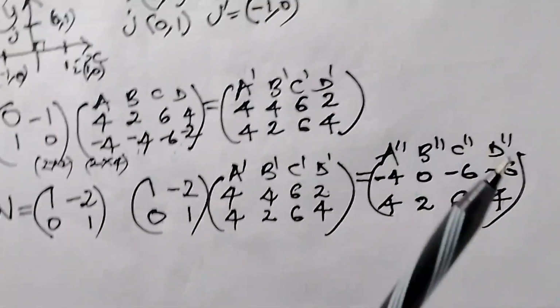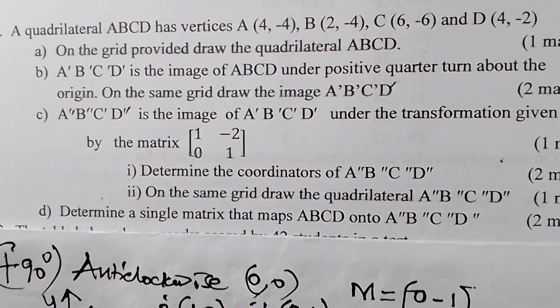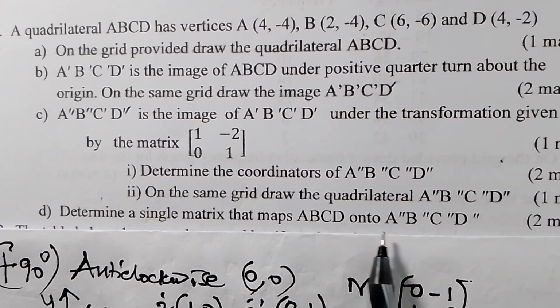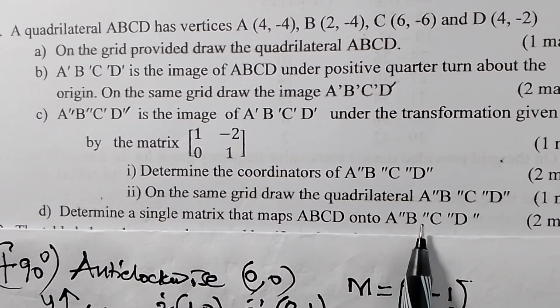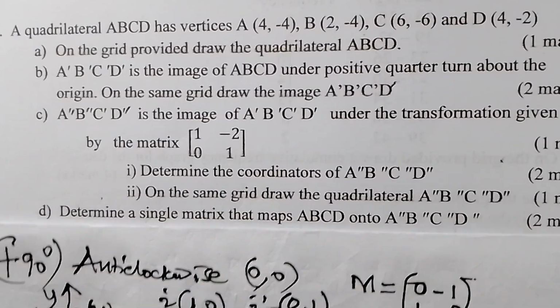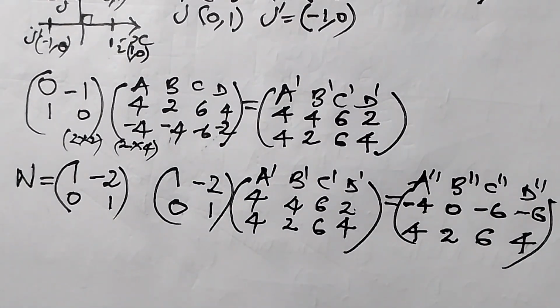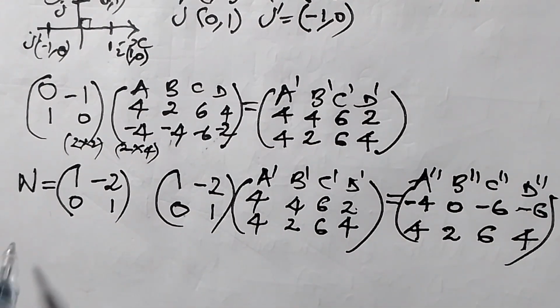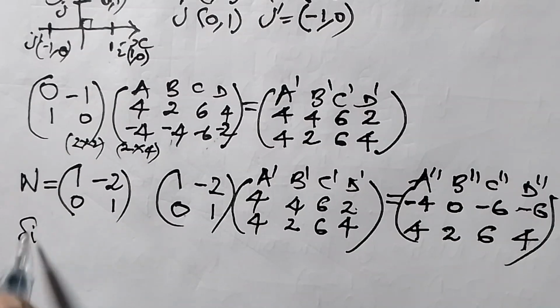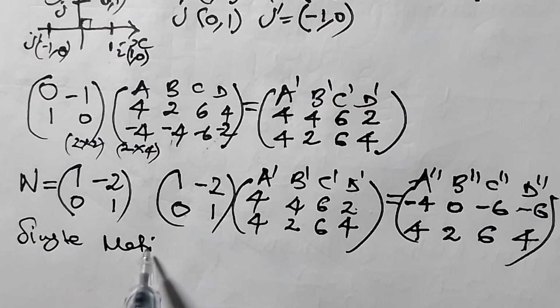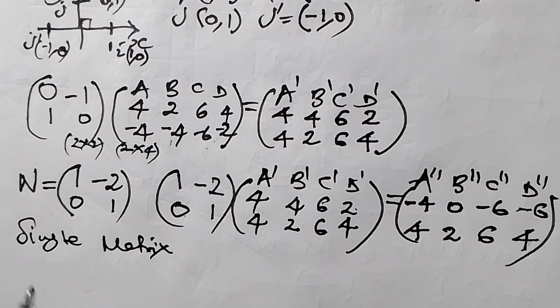Finally, you're told to determine a single matrix that maps ABCD onto A2, B2, C2, D2. Now, to get that single matrix of transformation, we have got two matrices.